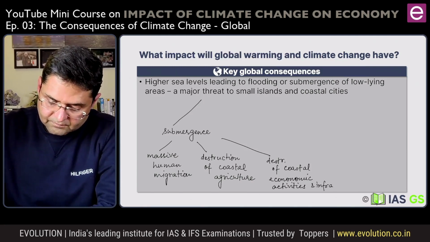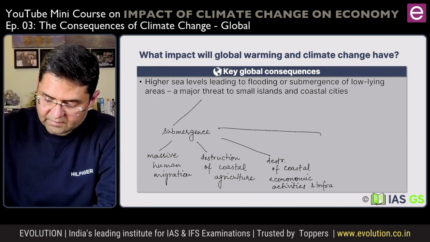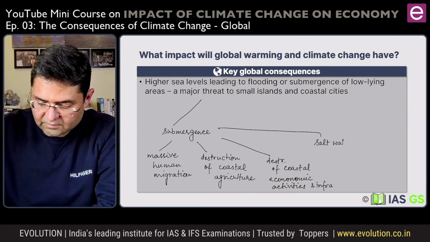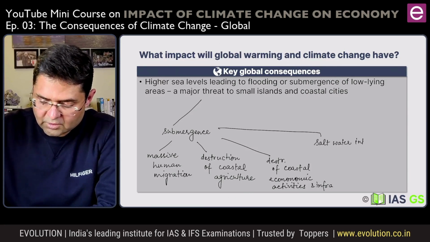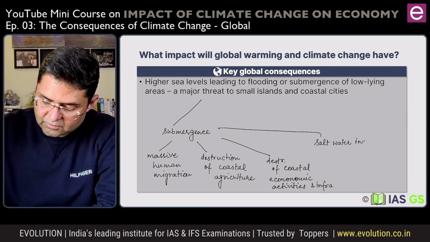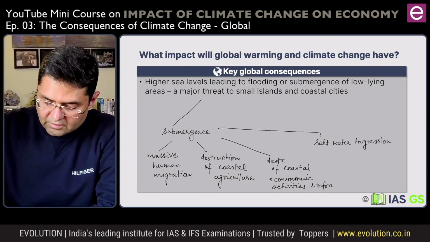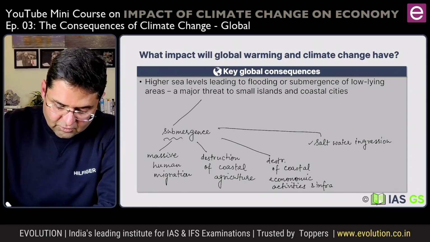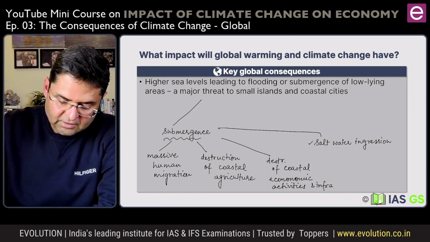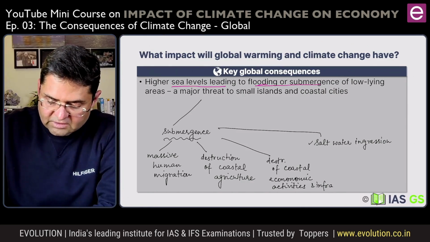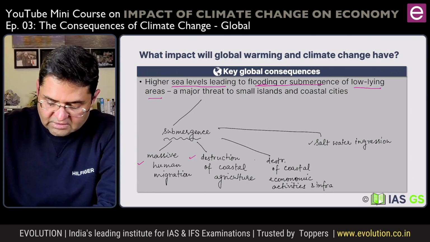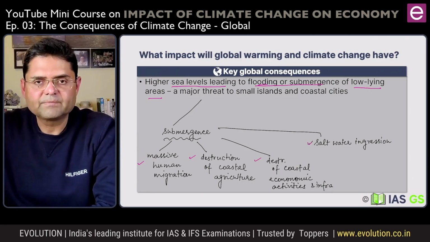Then, of course, there will be saltwater ingression. And this saltwater ingression is going to create problems for water for the coastal communities and all of this. So when we are talking about higher sea levels leading to flooding or submergence of low-lying areas, these are the consequences we are very clearly seeing.